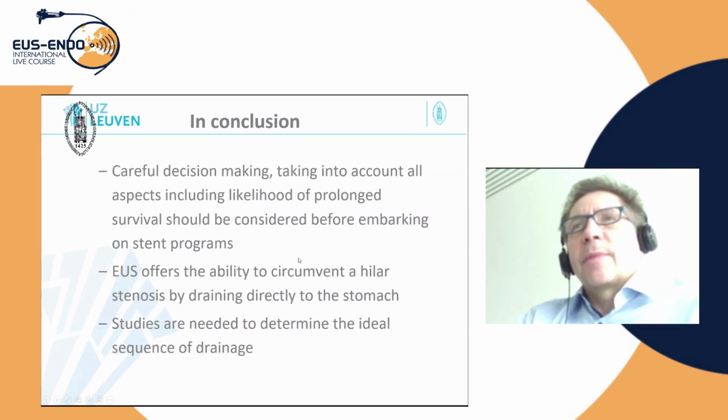So careful decision making, taking into account all aspects of the care of the patient, including the likelihood that the patient may survive longer than expected. And in this case, I think EUS may offer certainly additional value over and above the standard of care that is currently in place. Thank you very much.